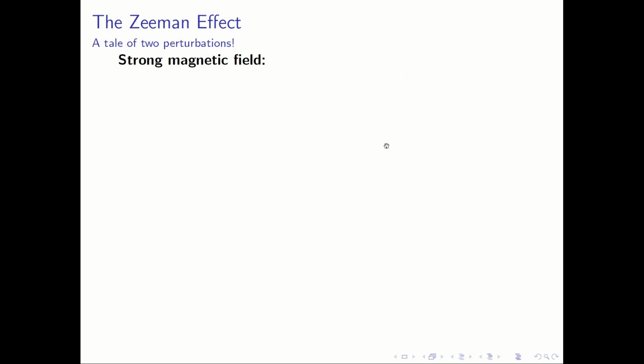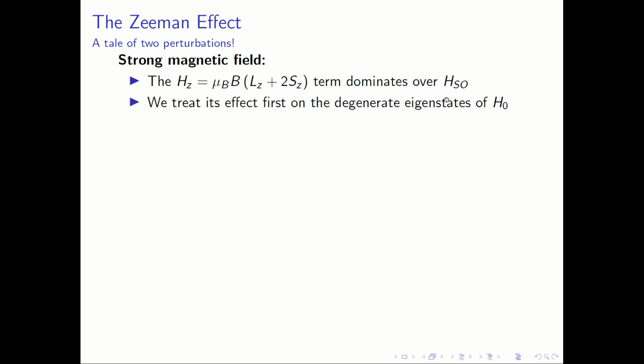So if we are dealing with a very strong magnetic field, in fact for most systems this has to be really strong, unusually strong, then the H_Z term, the so called Zeeman term, dominates over the spin orbit term. So this is the perturbation we are going to apply first.